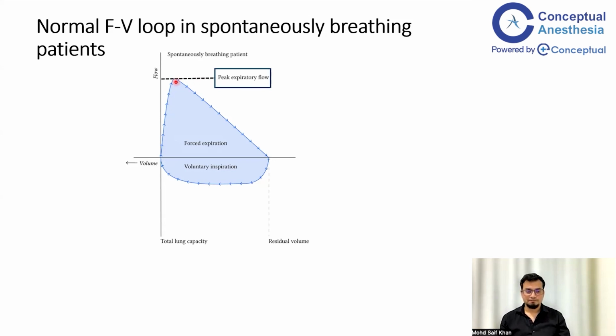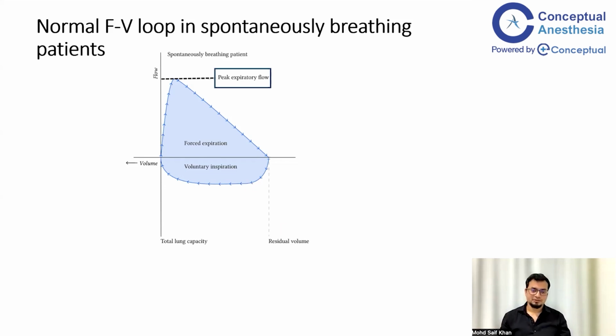The normal peak inspiratory flow rate will obviously be less, and that is about 40 to 100 liters per minute, or about 1.5 to 2 liters per second. It is exactly one third of the peak expiratory flow normally in a spontaneously breathing patient.